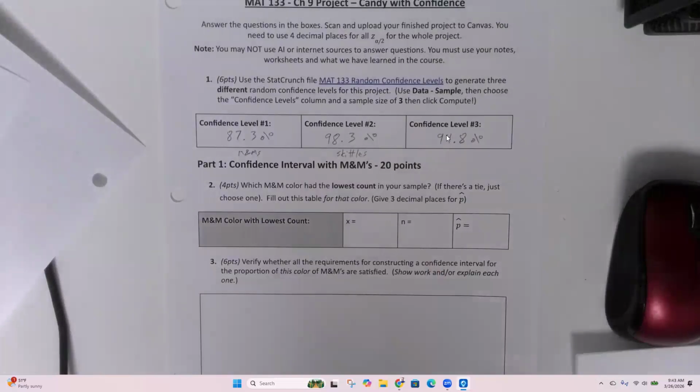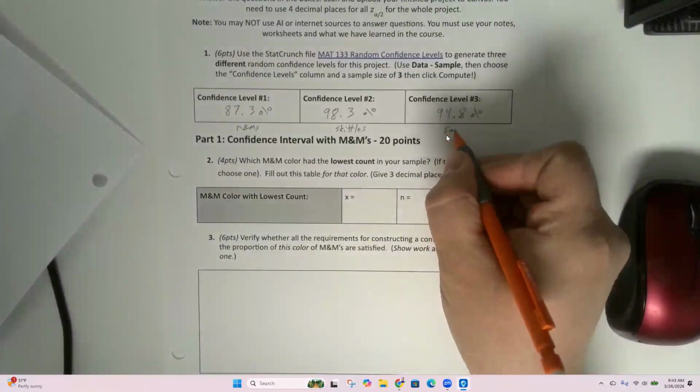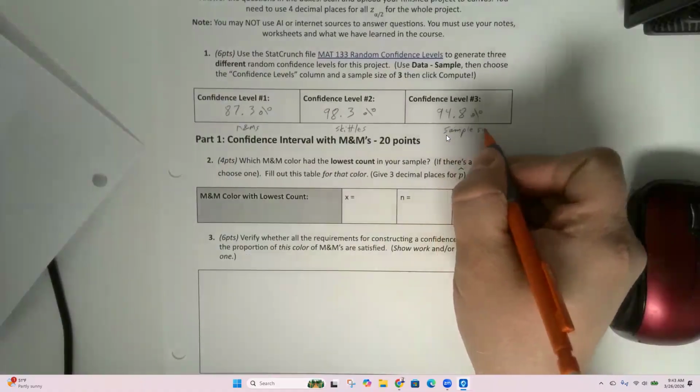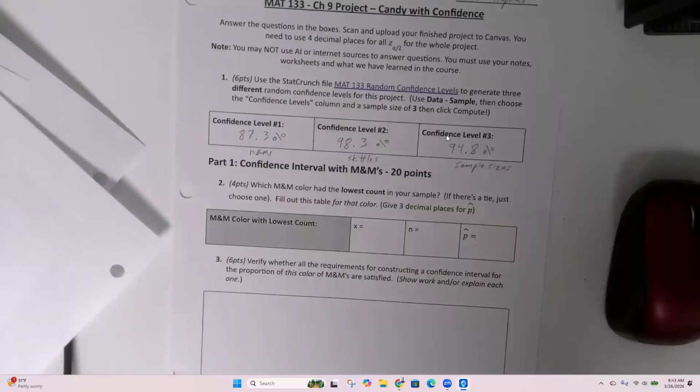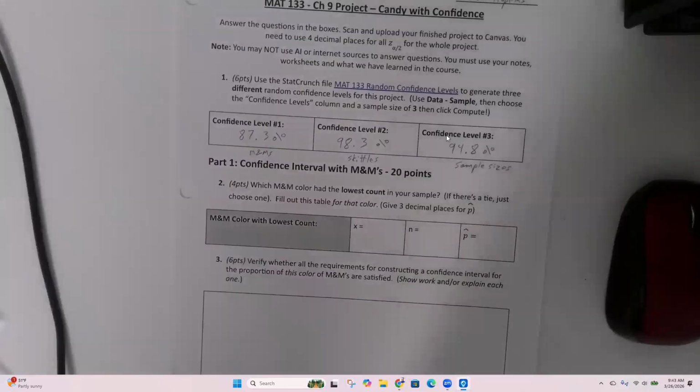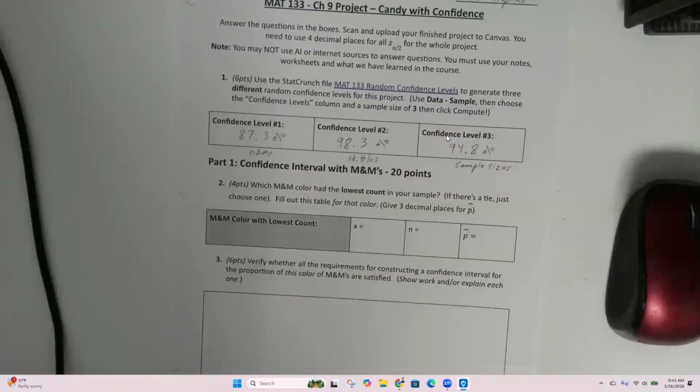And then this one is going to be for sample size calculations. Okay. Yep, I can show you how I did that in StatCrunch again.